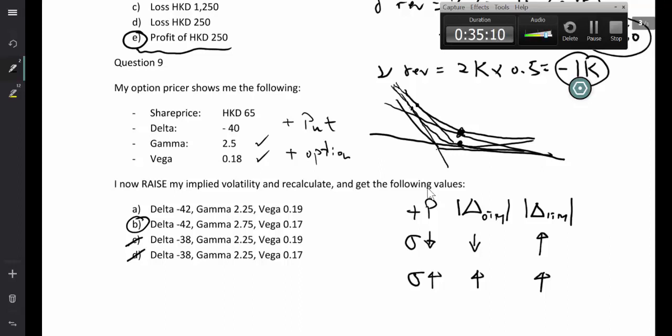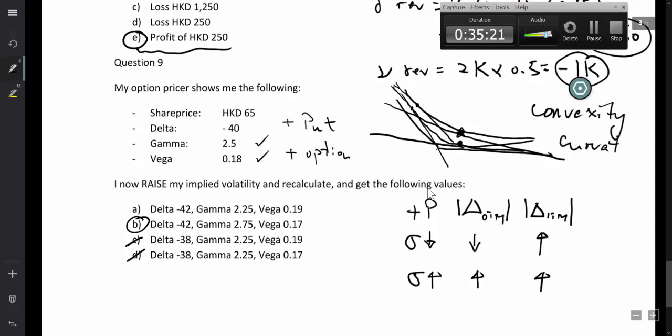Now the thing with the gamma is sometimes called convexity, which is another word for curvature. How curvy a curved line is. So for example, a line like this has far more convexity than something like that, which is smoother, at least within this area.